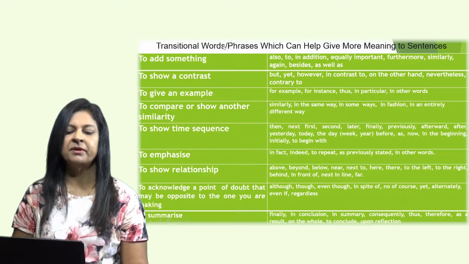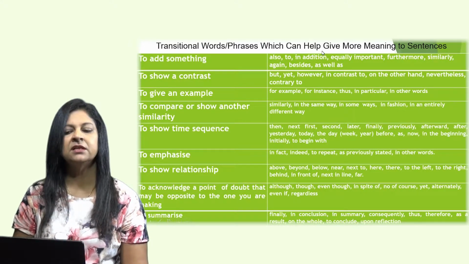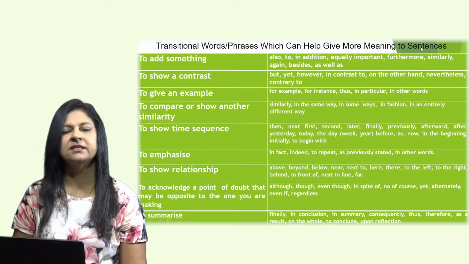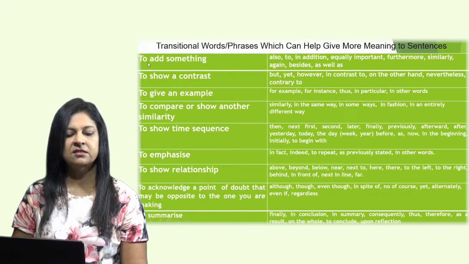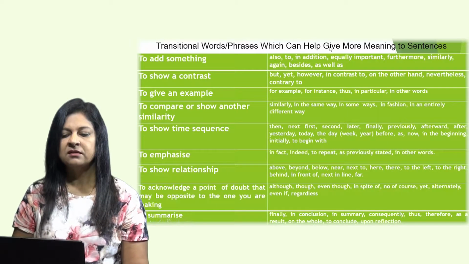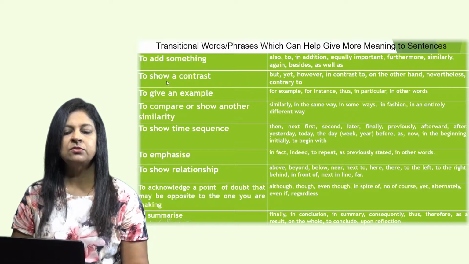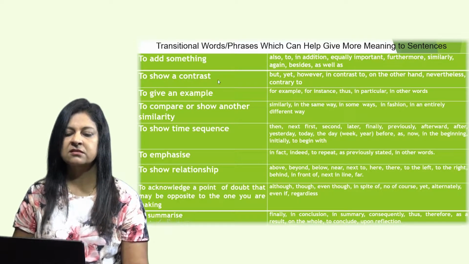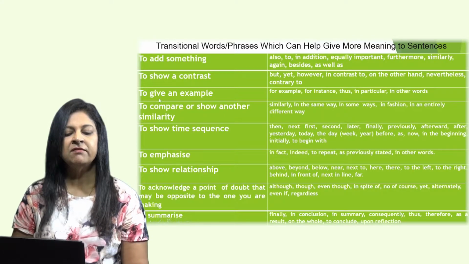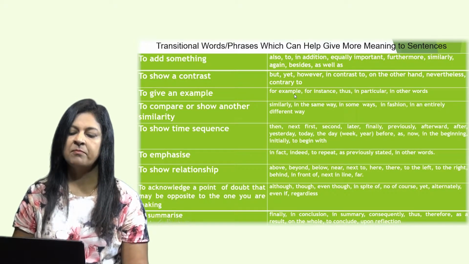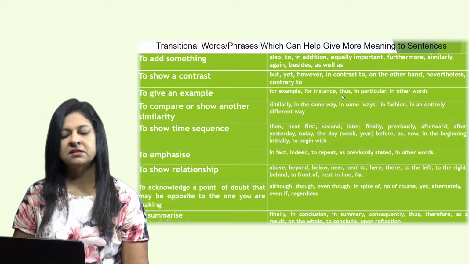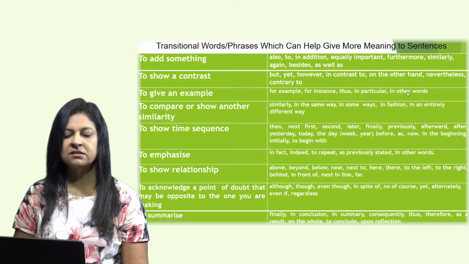Transitional words or phrases can help give more meaning to sentences, such as to add something. You can use these words to show a contrast. You can use these words to give an example: for example, for instance, thus, in particular, in other words.